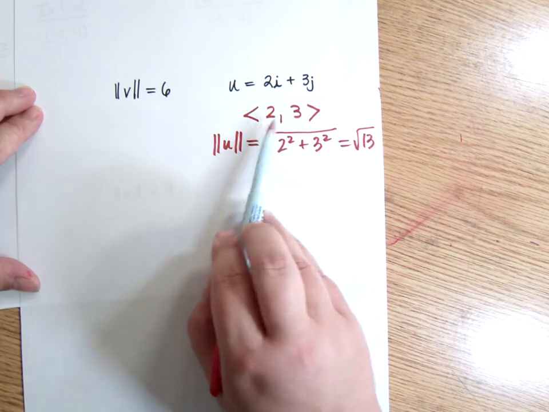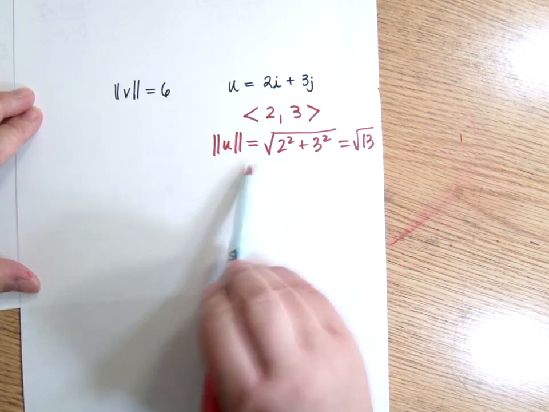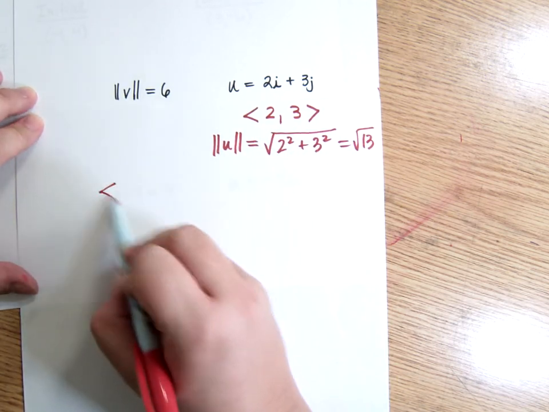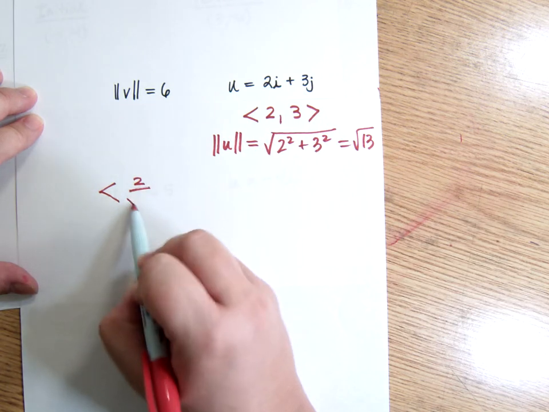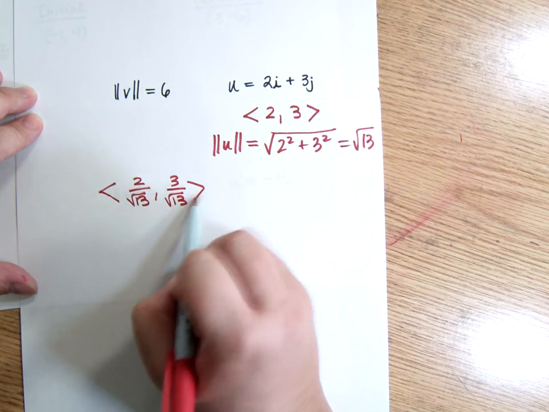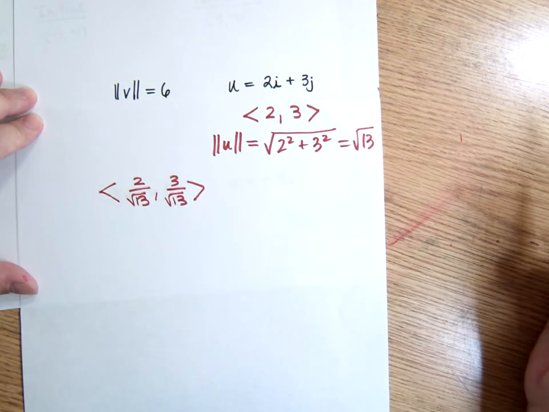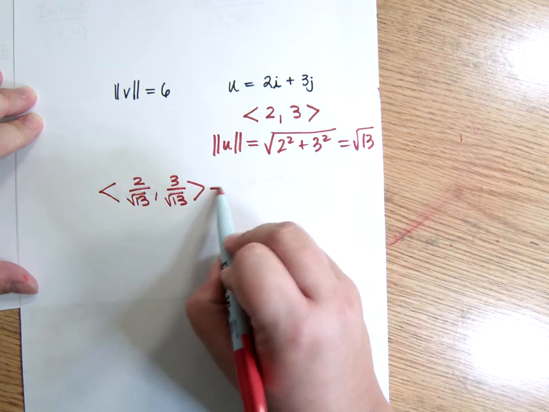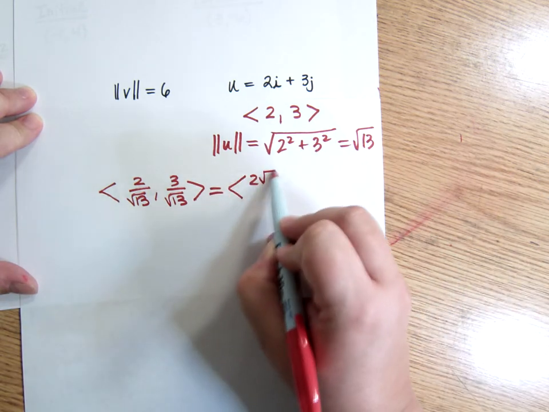So now I'm going to take 2, put it over square root of 13, 3, put it over square root of 13, and this is a unit vector in the direction of the vector 2i plus 3j. Now I need to rationalize the denominator, so I get this.